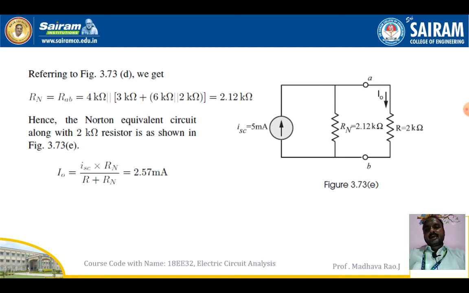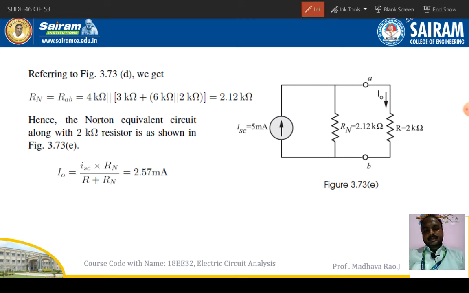So Rn value is how much? 2.12 kilo ohm. Hence the Norton's equivalent circuit along with the 2 kilo ohm resistor is as shown in the figure. So I naught is equal to ISC into Rn divided by (R plus Rn). That is equal to 2.57 milliamperes.